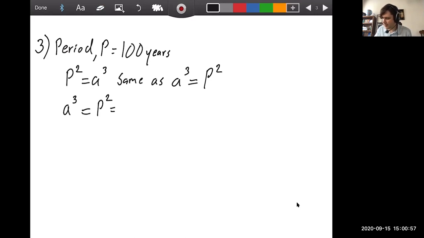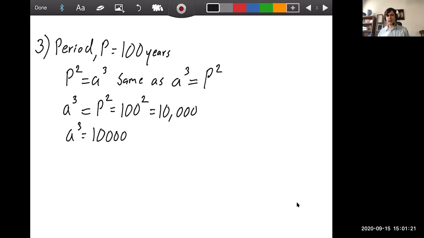Well, what's my P? P is 100, so 100 squared. What's 100 squared? 10 squared squared is 10 to the 4th, 10,000. So I have A cubed equals, just to clean this up a little bit, 10,000.